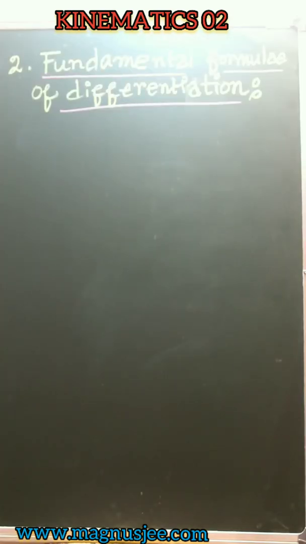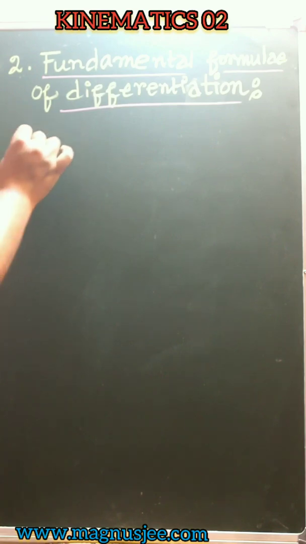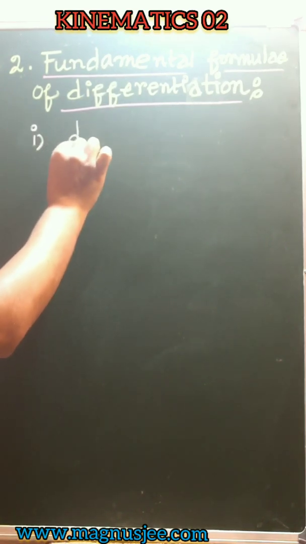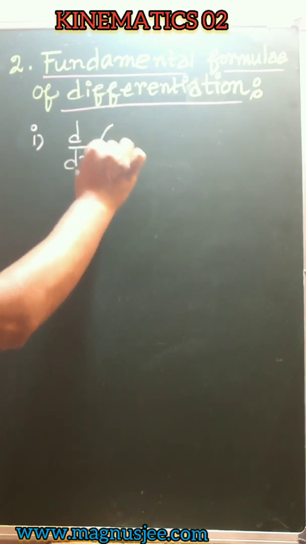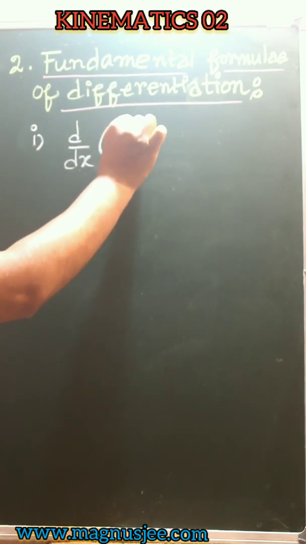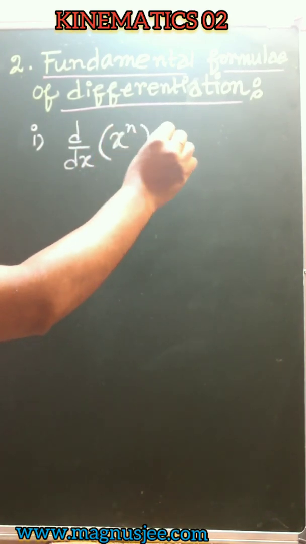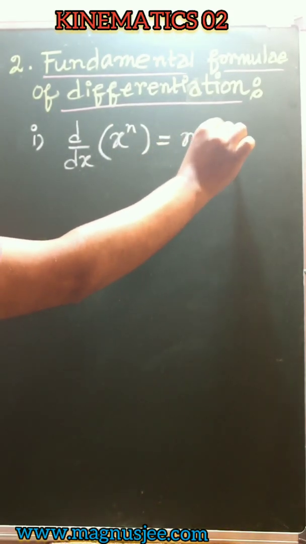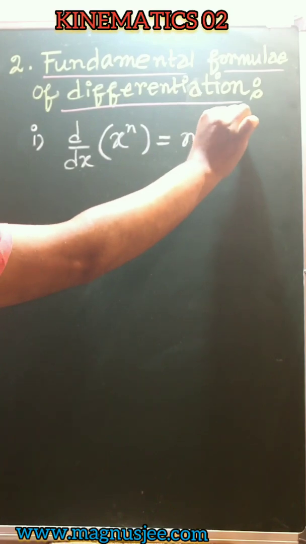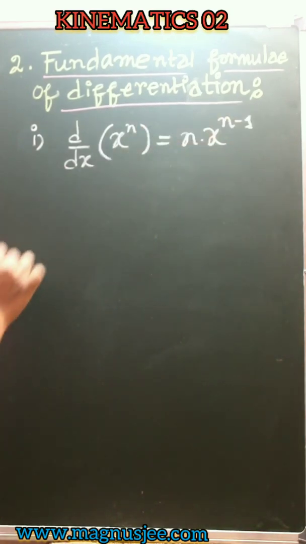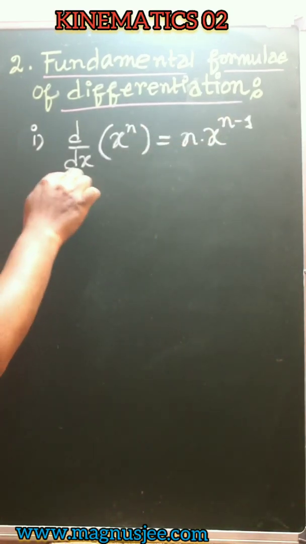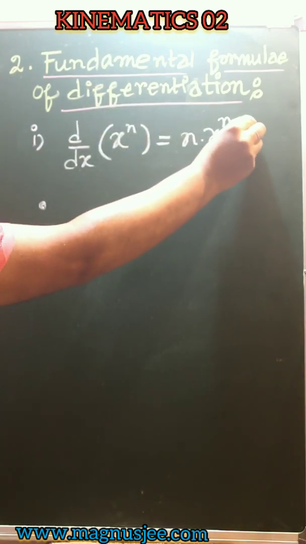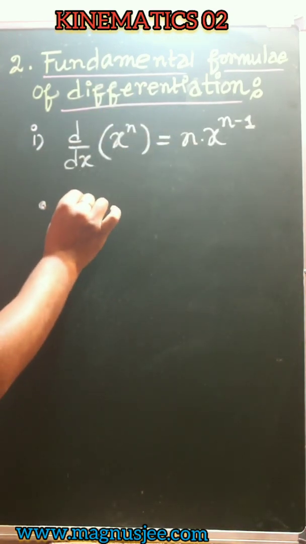Now we have to know a number of formulae in connection with differentiation. Fundamental formulae of differentiation: ddx of x to the power n equal n dot x to the power n minus 1. Here the variable is x to the power n and the power of x, that is n, decreases by 1. So that's why power becomes n minus 1.